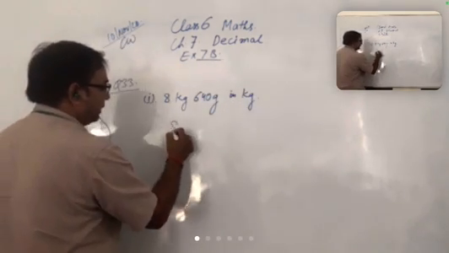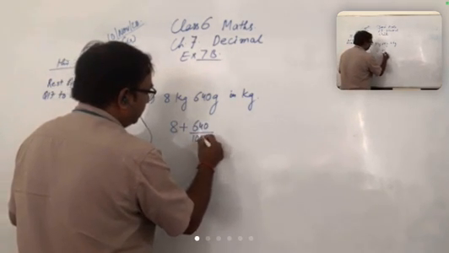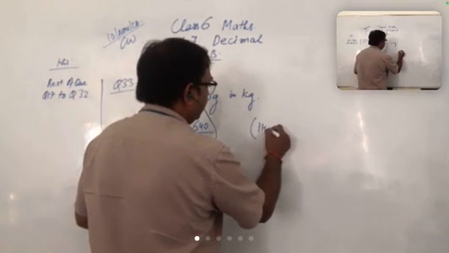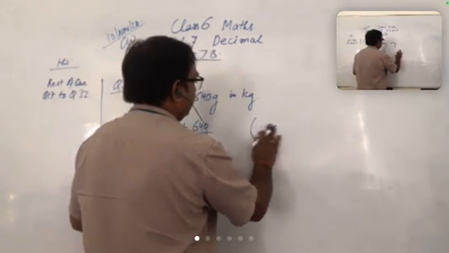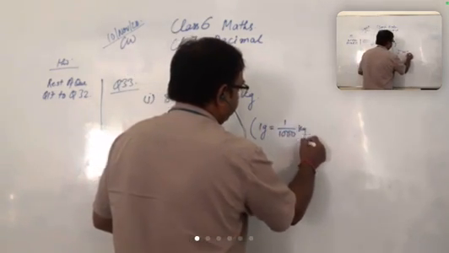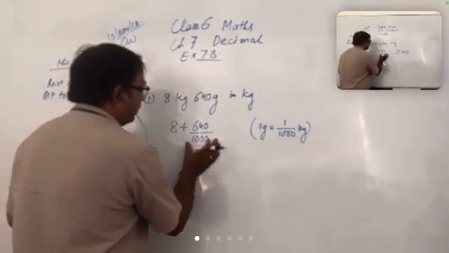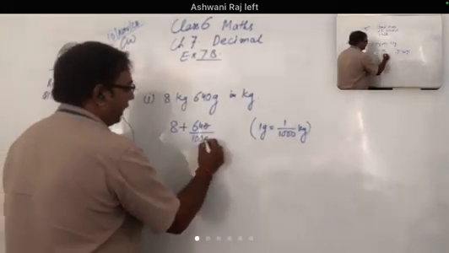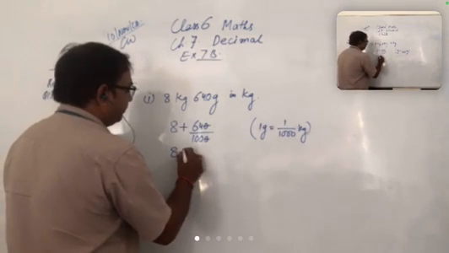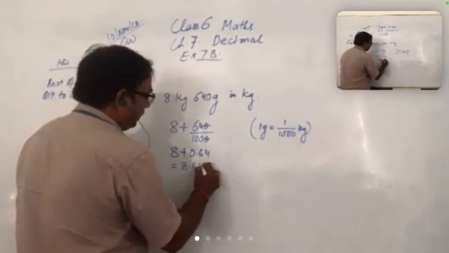So we write like this: 8 plus 640 upon 1000, where 1 gram is equal to 1 upon 1000 kg. Now you can cancel the 0. Now 64 upon 100 means 0.64, and you can write 8.64 kg.